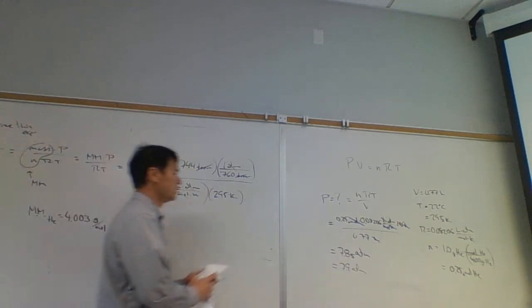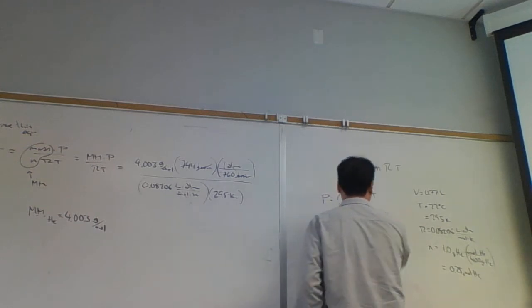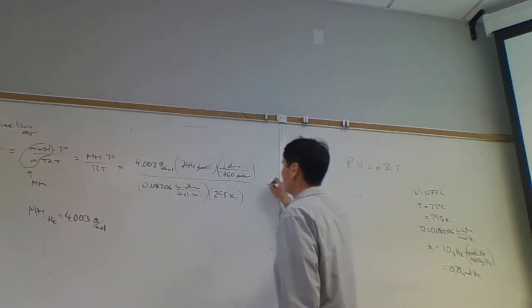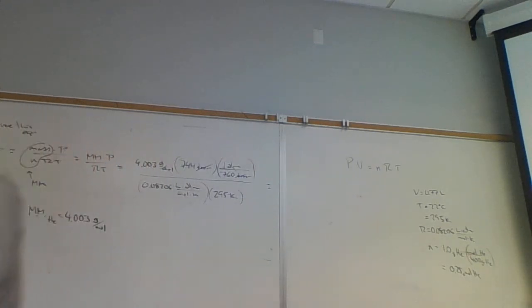So what is the density of helium in grams per liter? Just go ahead and go through the calculations here. It's going to be 4.003 times 744 divided by 760 divided by 0.08206 divided by 295.